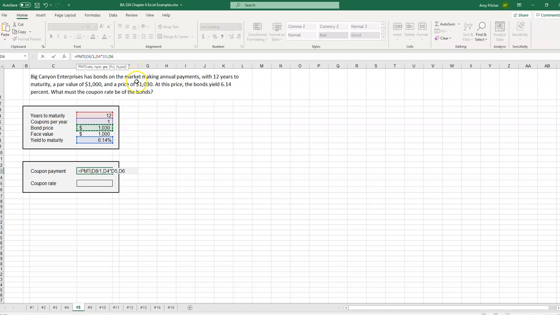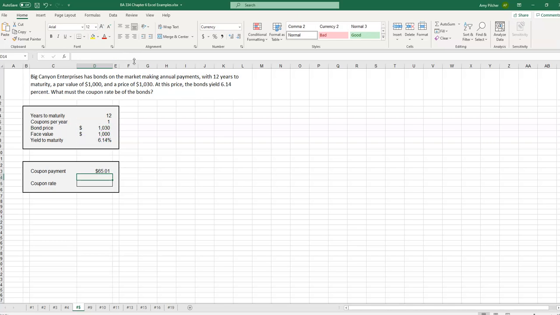So we have our bond price is the present value, and the face value is the future value. I'm going to make the bond price, or the present value, negative, because remember, if one's positive, one has to be negative. And then 0, which is the default for an ordinary annuity. That gives us a coupon payment of $65.01.